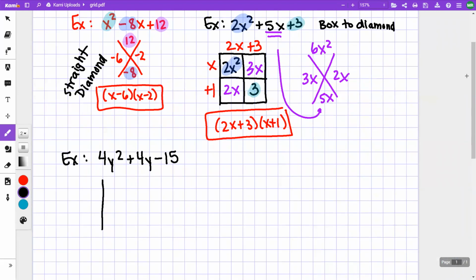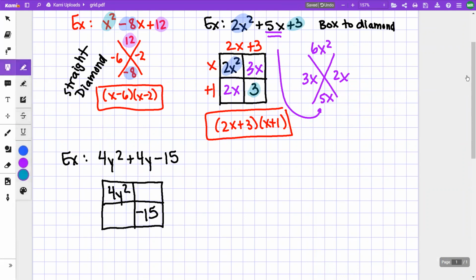So I'm going to do a box and diamond. I'm going to put my 4y squared here and my negative 15 here. Again, the 4y squared was my lead, and the minus 15 was my constant.